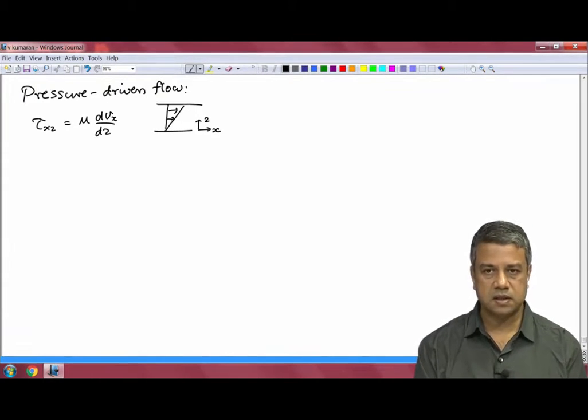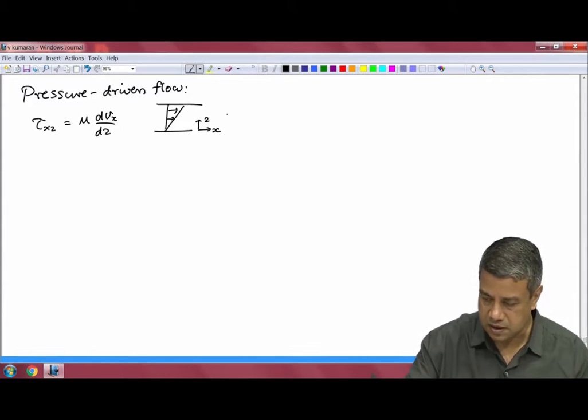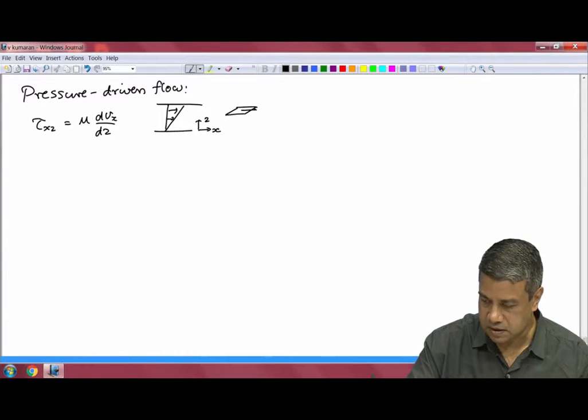The force exerted in the x direction at a surface whose outward perpendicular is in the z direction. So, the outward perpendicular, the unit normal, is in the z direction.